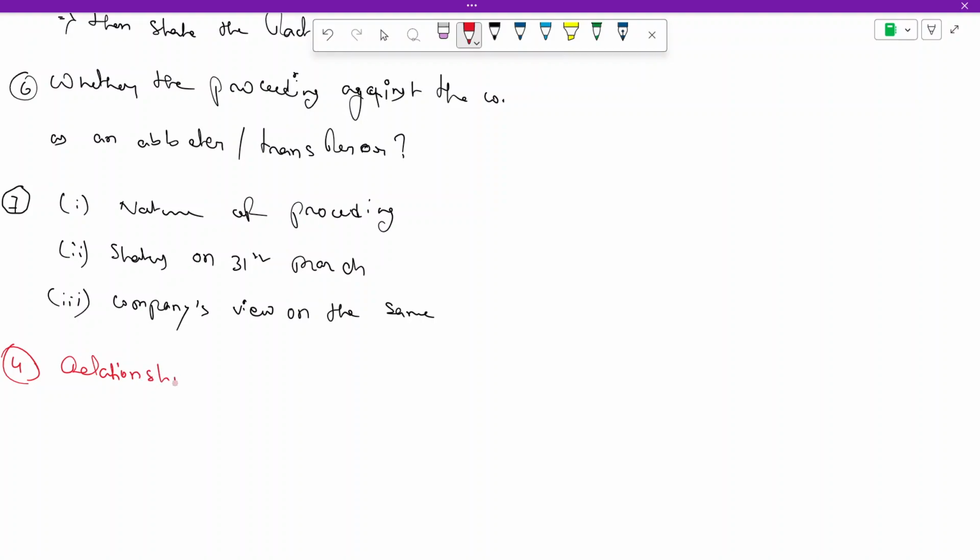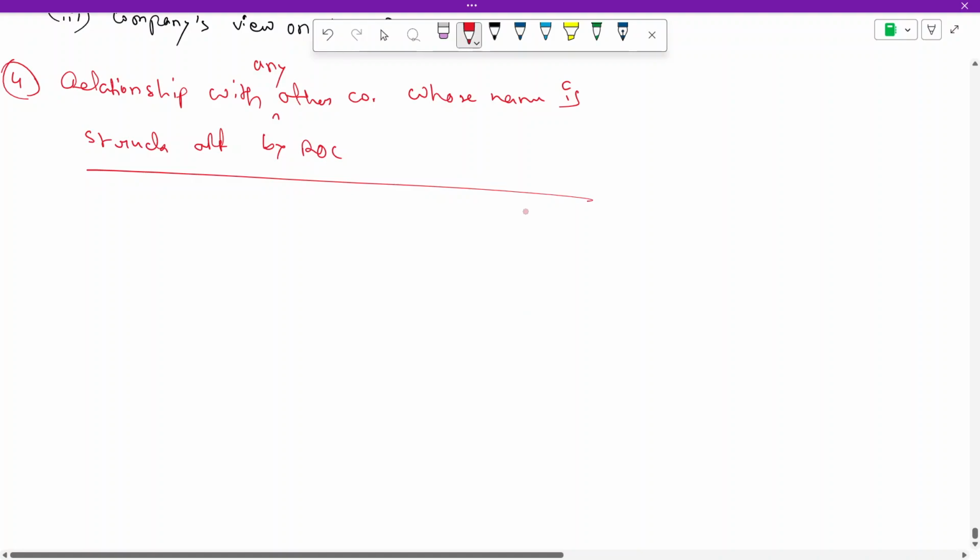Any other company whose name is struck off by the ROC. Struck off means the name is erased from the ROC, or the company is closed.